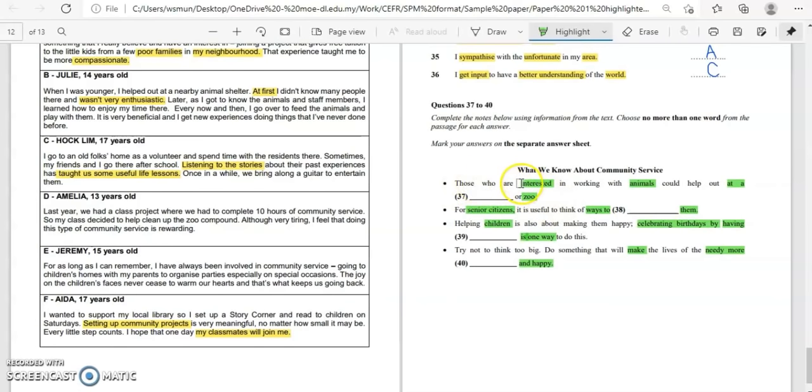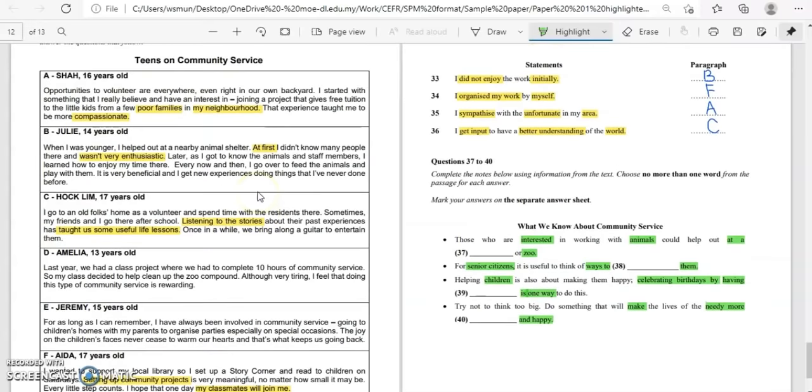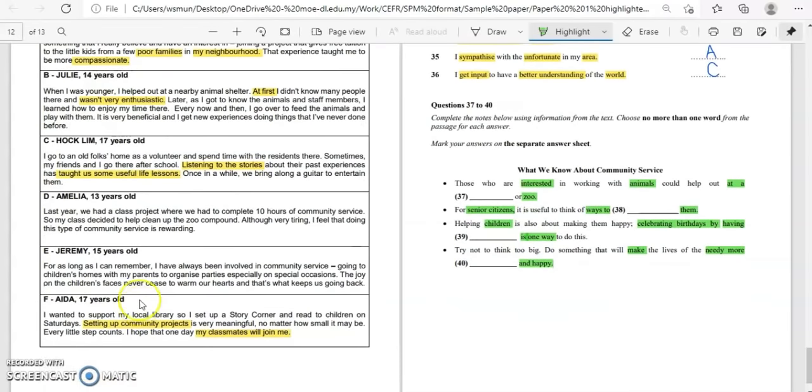So here I highlighted interested, animals, at a zoo. So this statement talks about animals. So we know that from paragraph A to F, let's see which paragraph talks about animals. It is paragraph B and also paragraph D, right? So let's just focus on these two paragraphs.